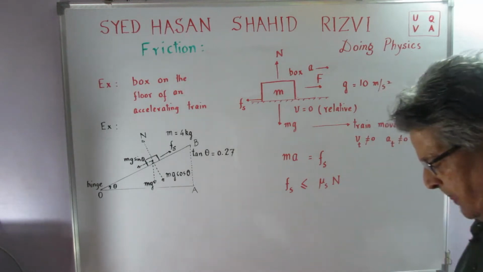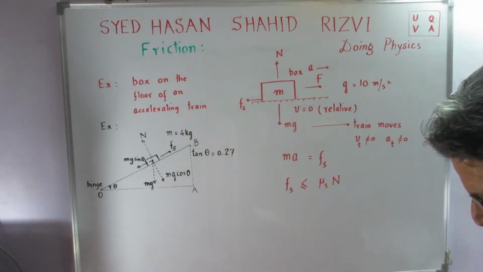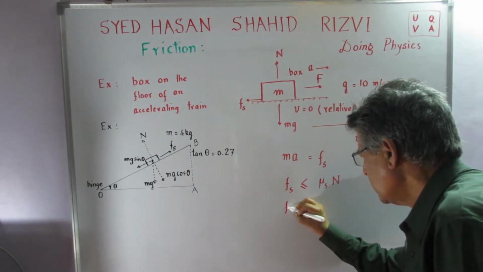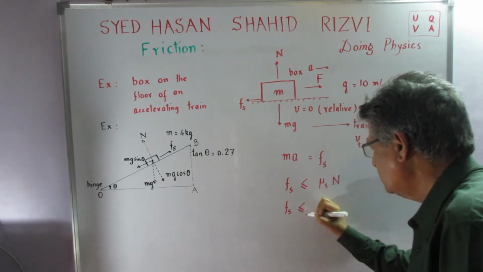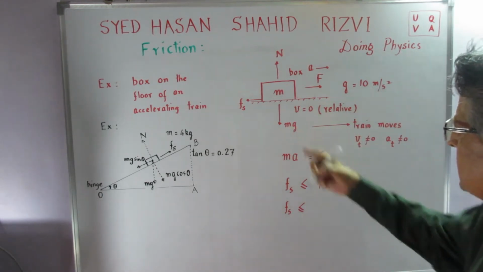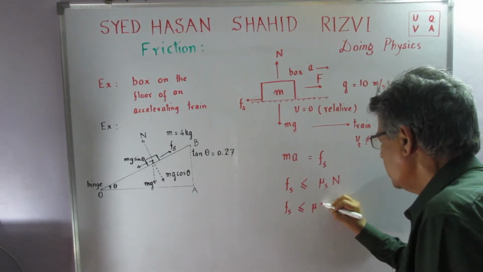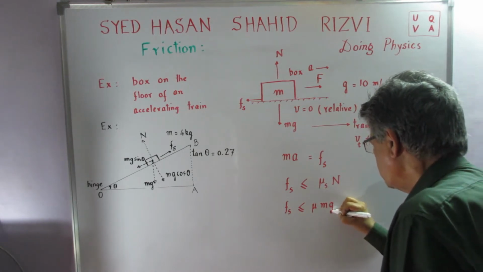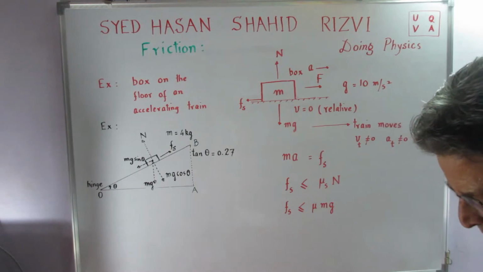It's very simple, so I can write that Fs is smaller than or equal to, for the value n I can write it as equal to, mu into mg.